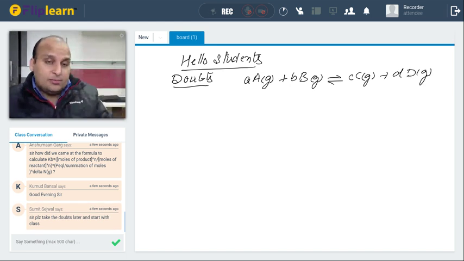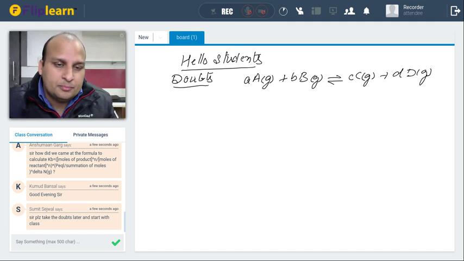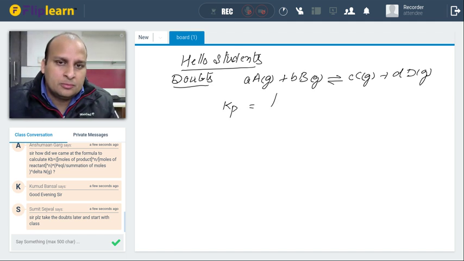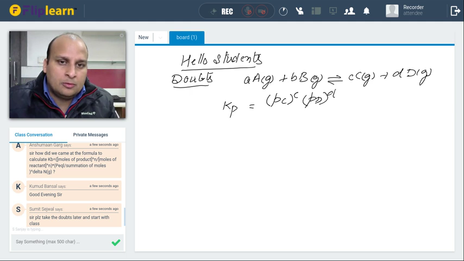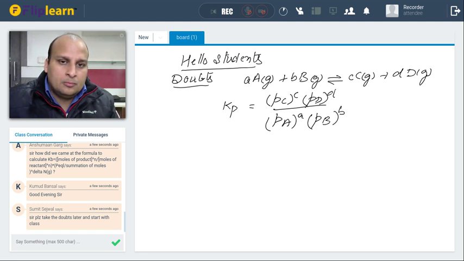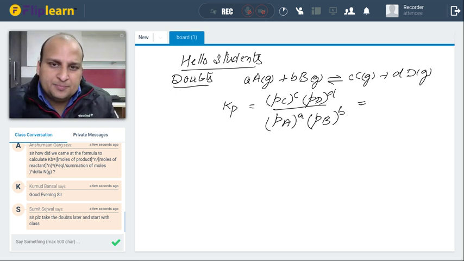Suppose this is the equilibrium that you are having. Then Kp is equal to... okay, and now partial pressure can be written as number of moles by volume.